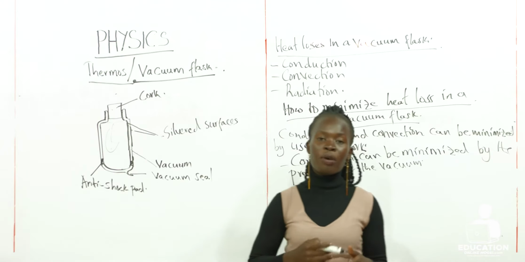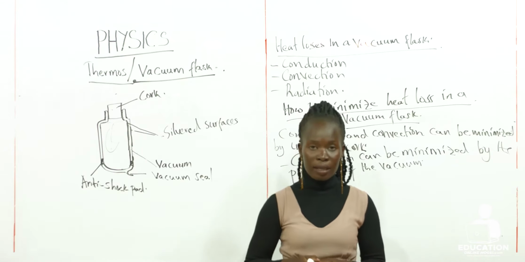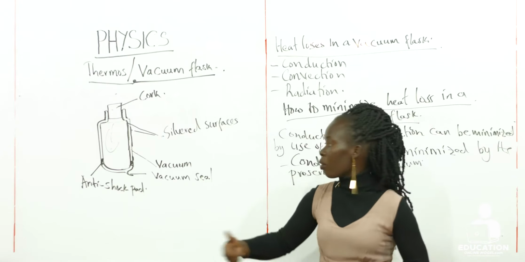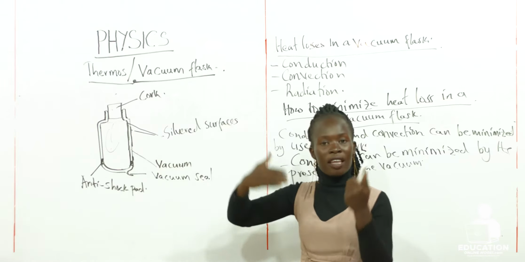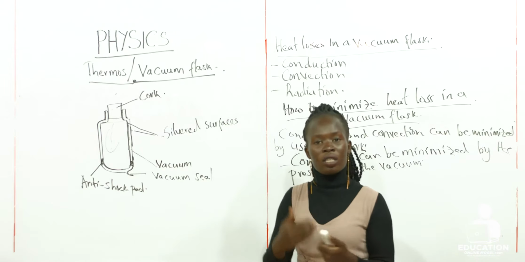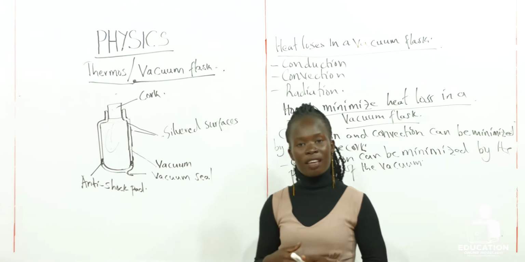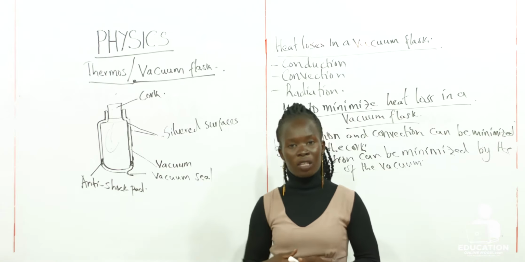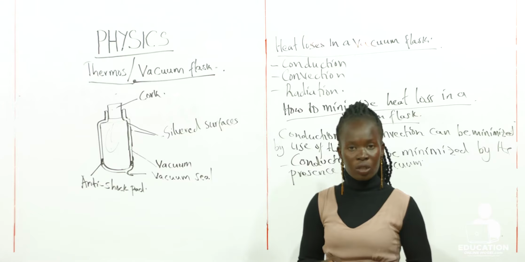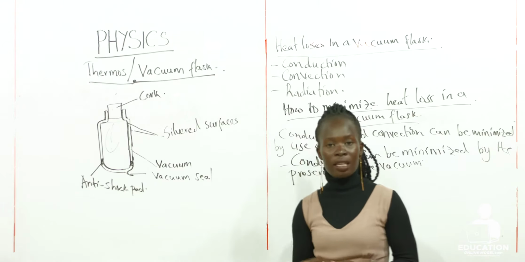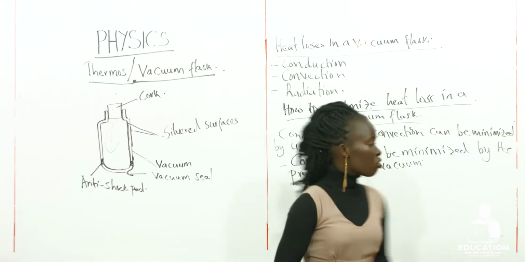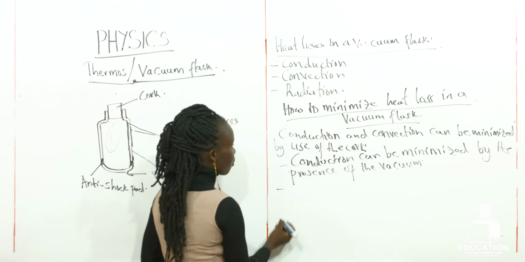They have not been polished dark or black, but with silver. So the surface inside has a silver coating. Why does it have that silver coating? That is to reduce the effects of heat loss by radiation, because silvered surfaces are very bad emitters of heat. So we can reduce it.